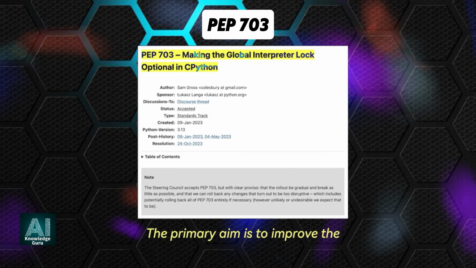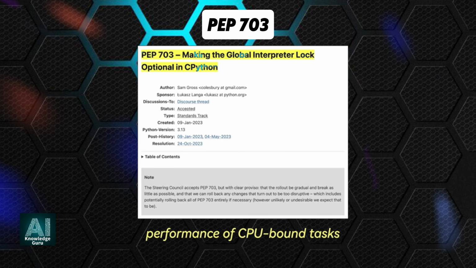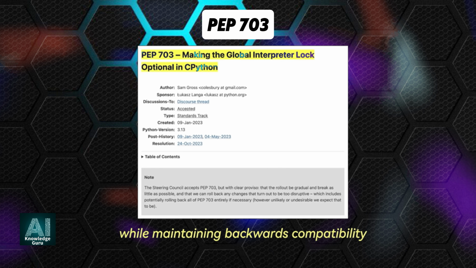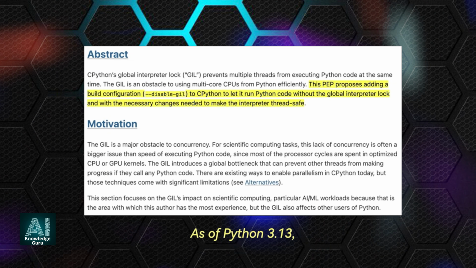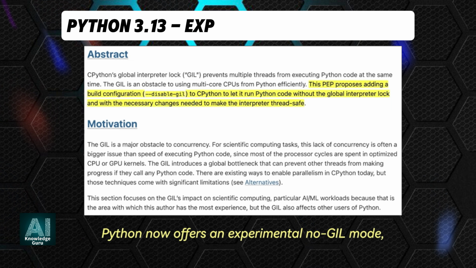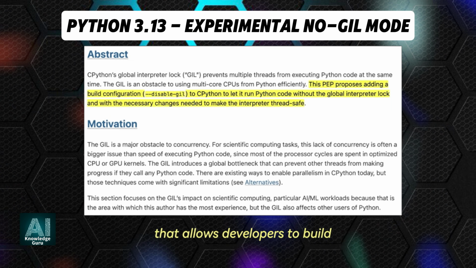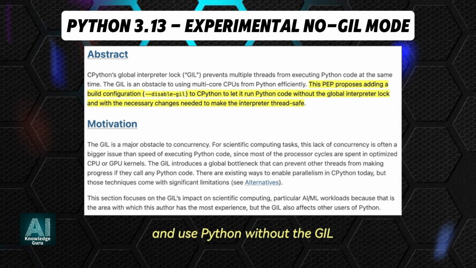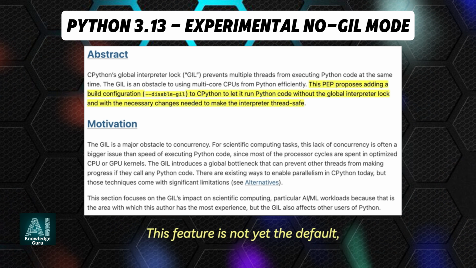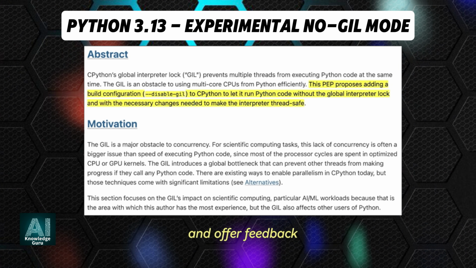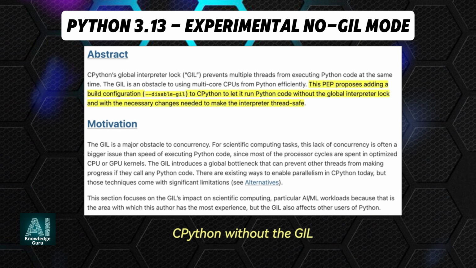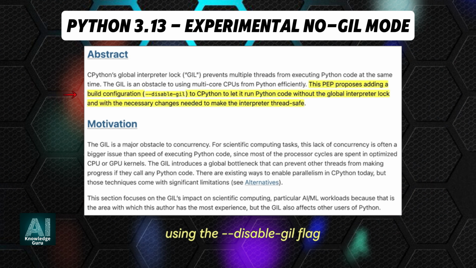The primary aim is to improve the performance of CPU-bound tasks while maintaining backwards compatibility with the extensive Python ecosystem. As of Python 3.13, Python now offers an experimental no-GIL mode that allows developers to build and use Python without the GIL. This feature is not yet the default, but provides a sandbox for developers to experiment and offer feedback. Developers can explicitly build CPython without the GIL using the disable GIL flag.